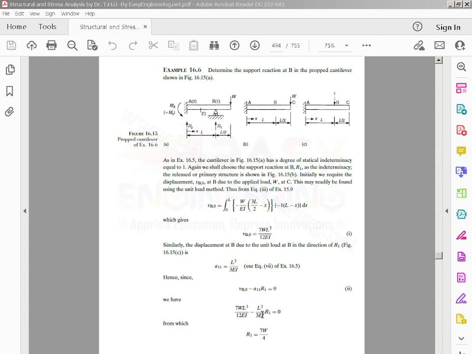If you times 7W by 3 over 12, that equals 7W over 4 with 1 over 4. Then if you times both sides by EI you eliminate EI, and that leaves you with 7W over 4 equals R1. So the reaction R1 is 7W over 4.